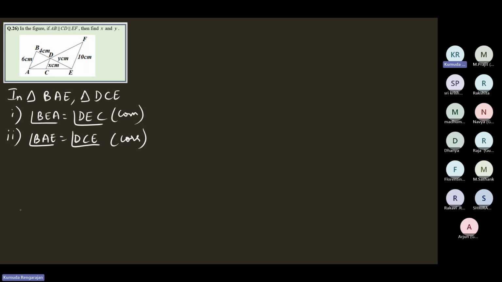So similarity is broader than BPT. Where you have to use BPT, even if you use similar triangles, you'll get it. But if you have to use similar triangles and you use BPT, you may not get it. In BPT, we have only 2 ratios.